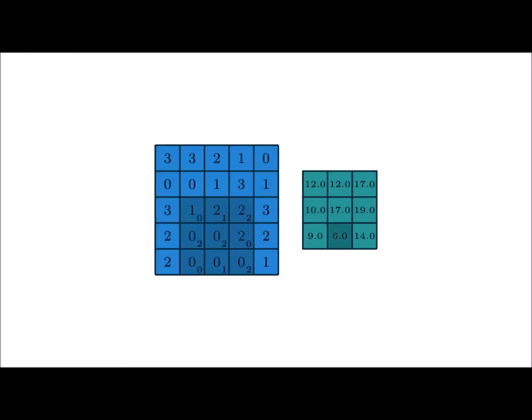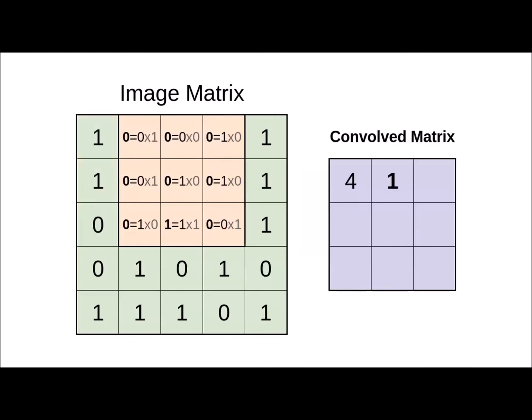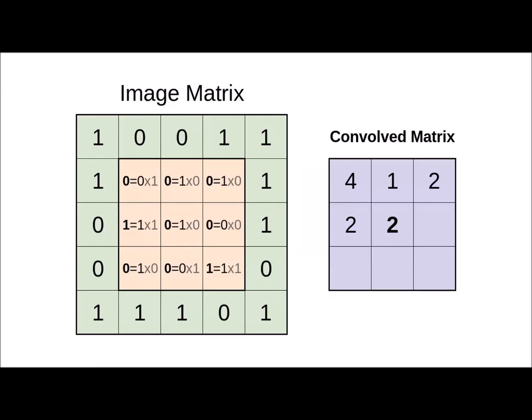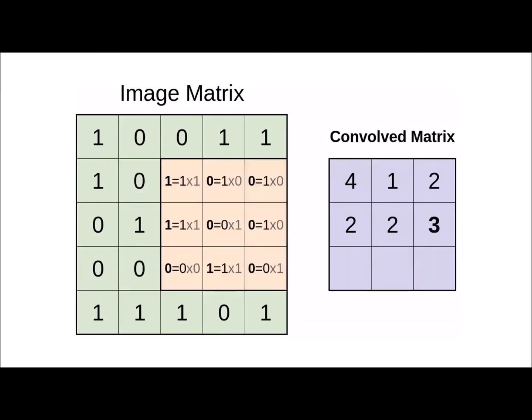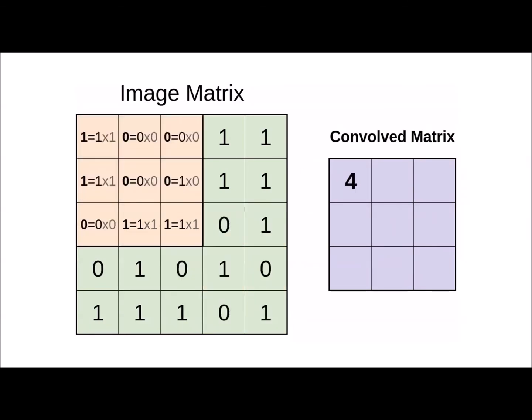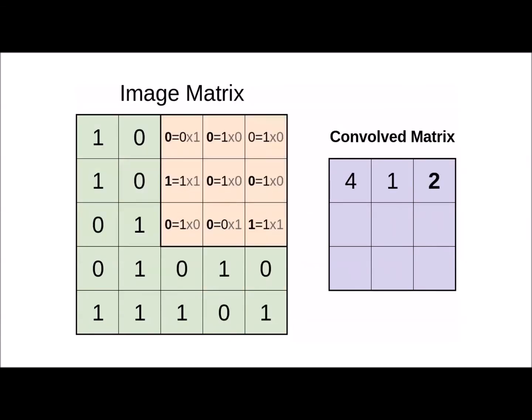We are multiplying the values of the filter. And finally, we have got the feature map. Now, this is another example where we have considered a 5 by 5 image. When we applied the 3 by 3 filter, we are getting a 3 by 3 feature map.